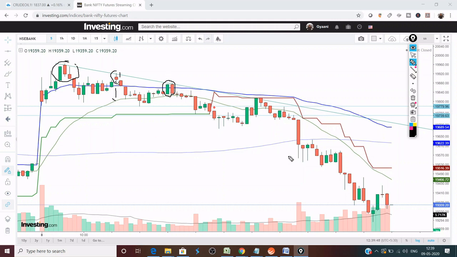Now I'll show you where it failed also. So this was our 20 period moving average, the green one, and this is our 200 period moving average here. So here this pattern has formed, which is satisfying our condition, but it failed. It gave you an entry here, but there is an overhead 200 period moving average.